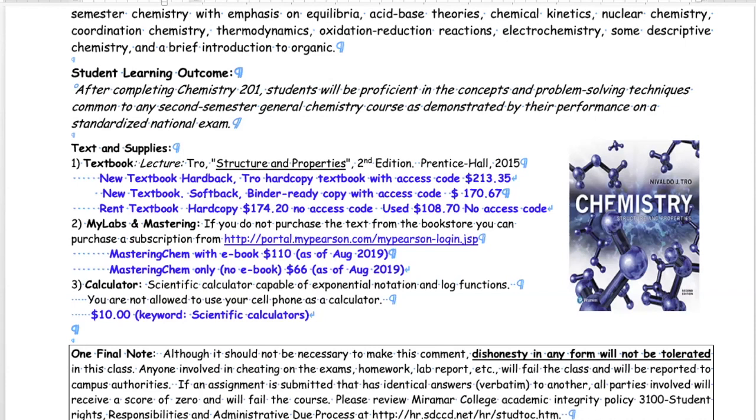There is no course ID in MyLab and Mastering because when you register through Canvas, it ties my Canvas site to MyLab and Mastering. That way, whenever you do your homework, the score that you get through MyLab and Mastering transfers directly to Canvas. So that's why you have to register through Canvas. There is no course ID, so don't ask me about a course ID.